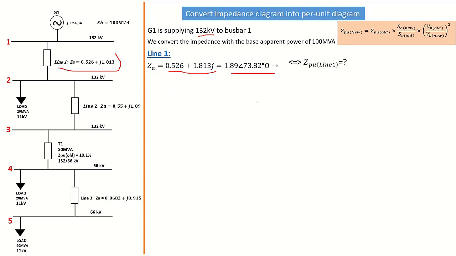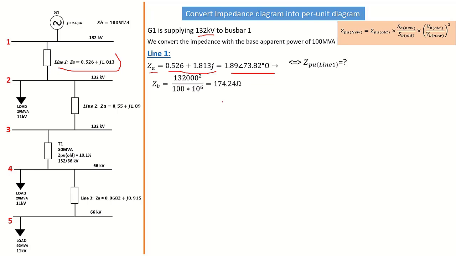From there, what is our Z per unit? There is a formula for Z per unit, and we need to find our Z per unit for line 1. The Z per unit formula says it is equal to ZA over ZB. ZA is this particular one here, and ZB is the base impedance of the actual line.